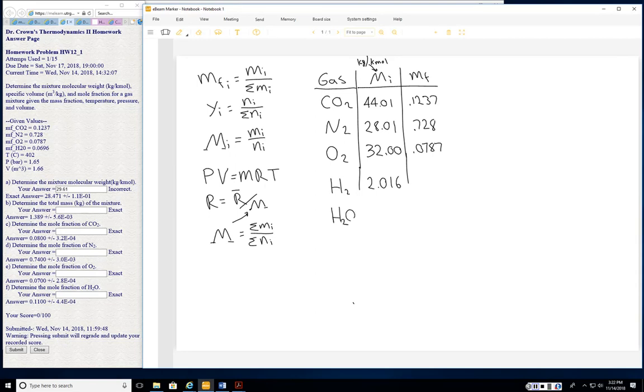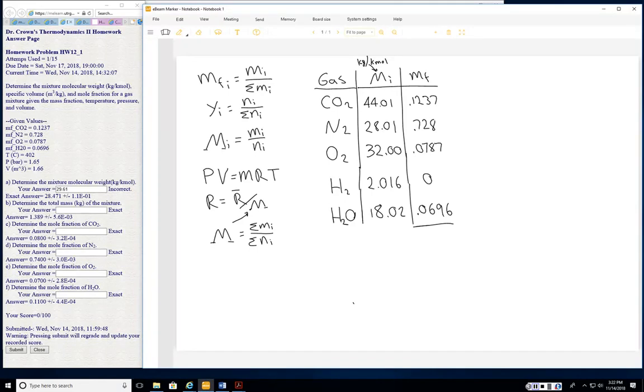Of course, we have no hydrogen in this problem, and we look up water, H2O, we get 18.02. So it was a good thing I double checked for those to all add up to 1. They didn't quite, and we have 0.0696 for H2O. And in this case, no hydrogen.